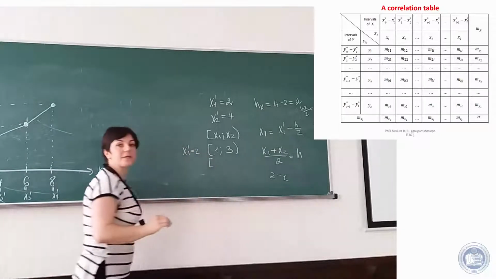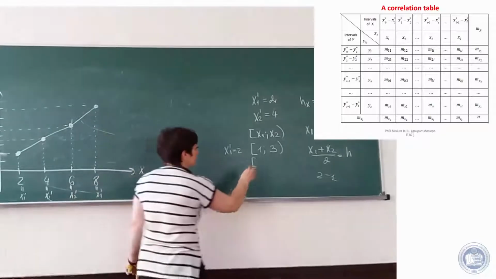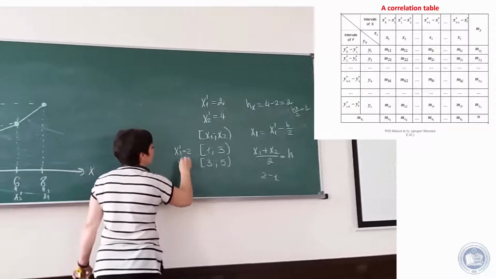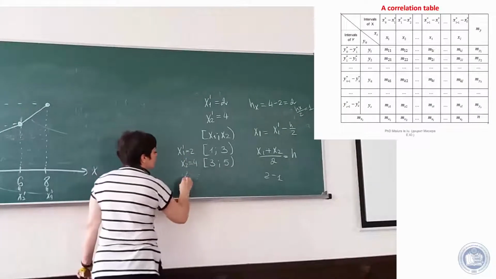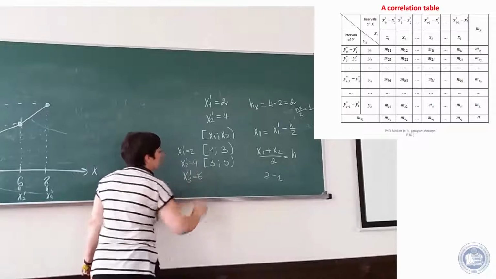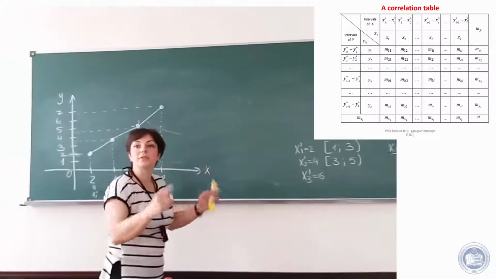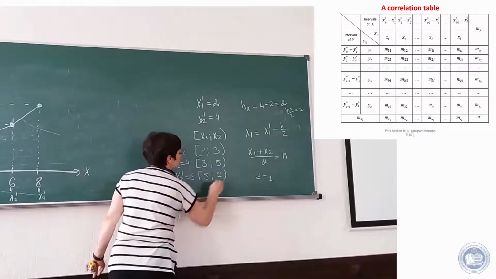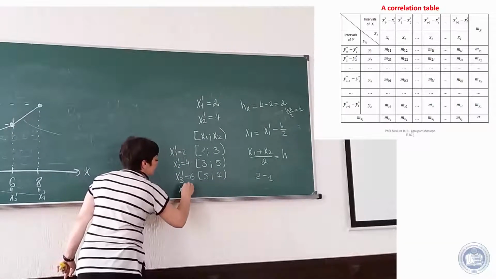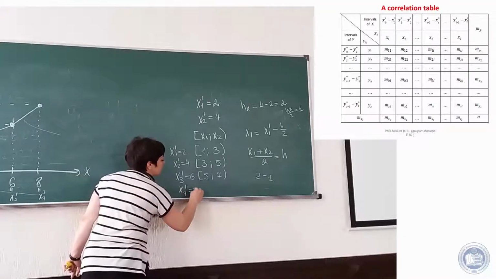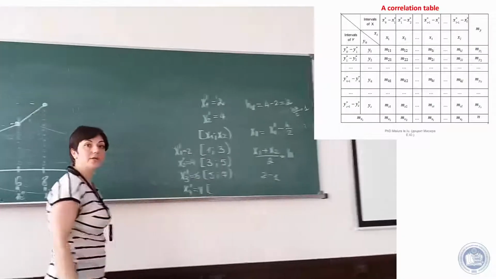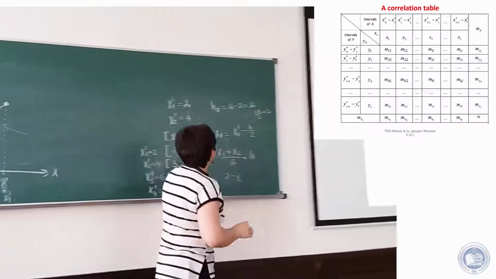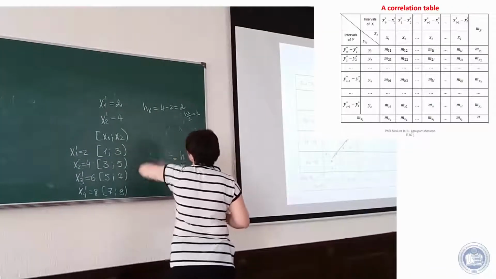Students, how to find the next limit? 3 and 5, agree? Midpoint will be 4. Next, if midpoint equals 6, please call limits. 5 and 7, okay. If you have midpoint equals 8, please call limits. 7 and 9, okay.